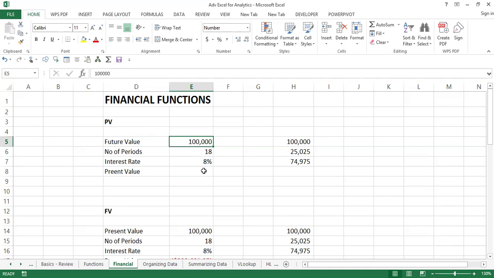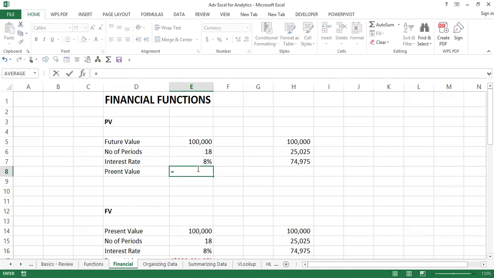This is an example of a situation where you use the PV or present value function. So if you want to know the amount that should be invested in order to get some predefined future amount over a specified period of time at a specified rate of interest, that's when you use the PV function.